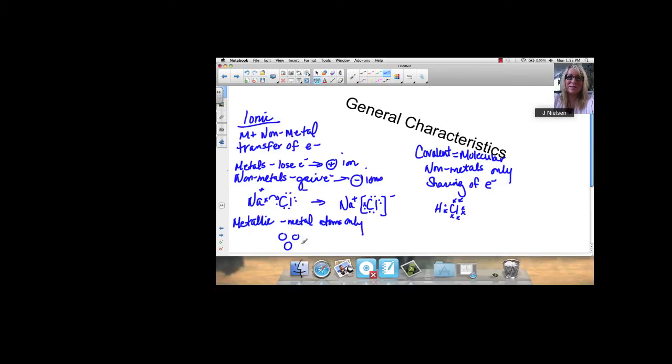I could have a bunch of positively charged silver atoms and we have mobile electrons constantly moving in metallic bonds, which makes them very good conductors of heat and electricity.